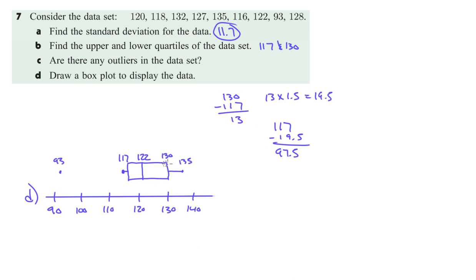If we take 130 and add 19 and a half, that definitely goes past 135, so 135 is definitely not an outlier. So yes, 93 is our outlier, and then we drew our box plot.